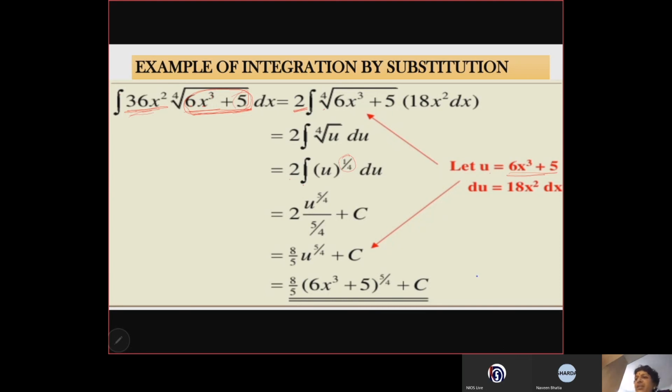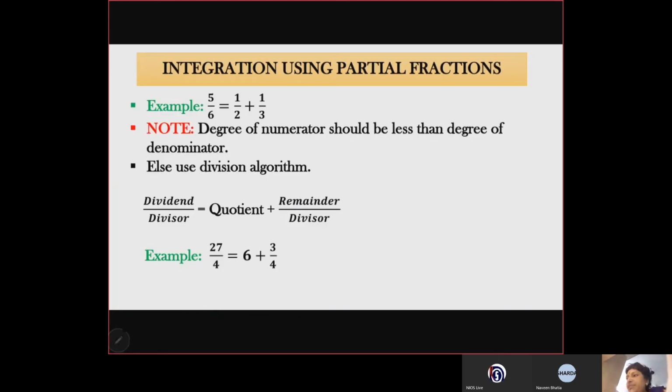Now let's move on to the next way of integrating. Suppose I have a quotient of functions where the numerator is not a derivative of the denominator. If the numerator is a derivative of the denominator, we have seen we will use the method of substitution, or we can use the results that we have just done.